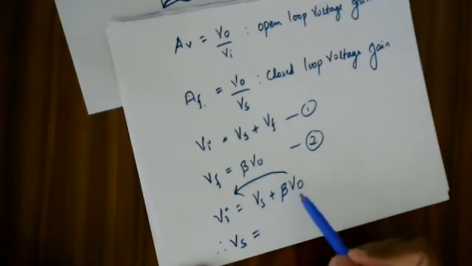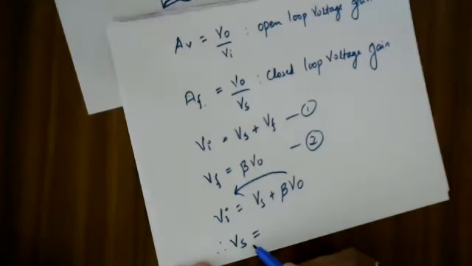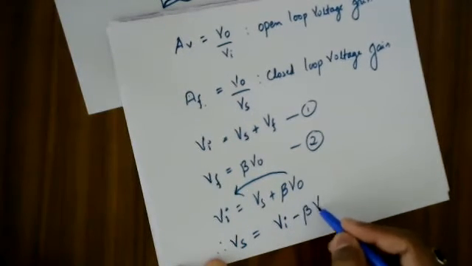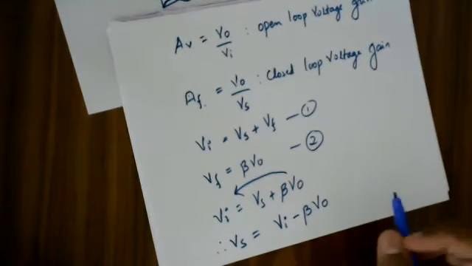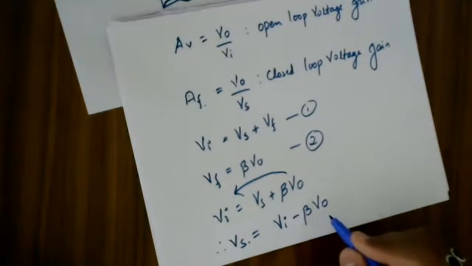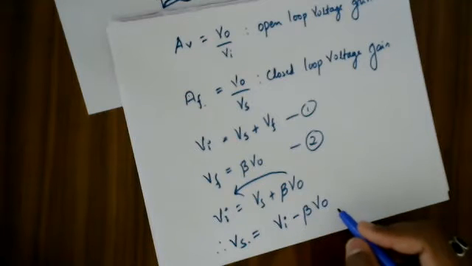So when I transfer this term from RHS to LHS, my Vs will become Vi minus beta times V naught. Vs is equal to Vi minus beta times V naught.